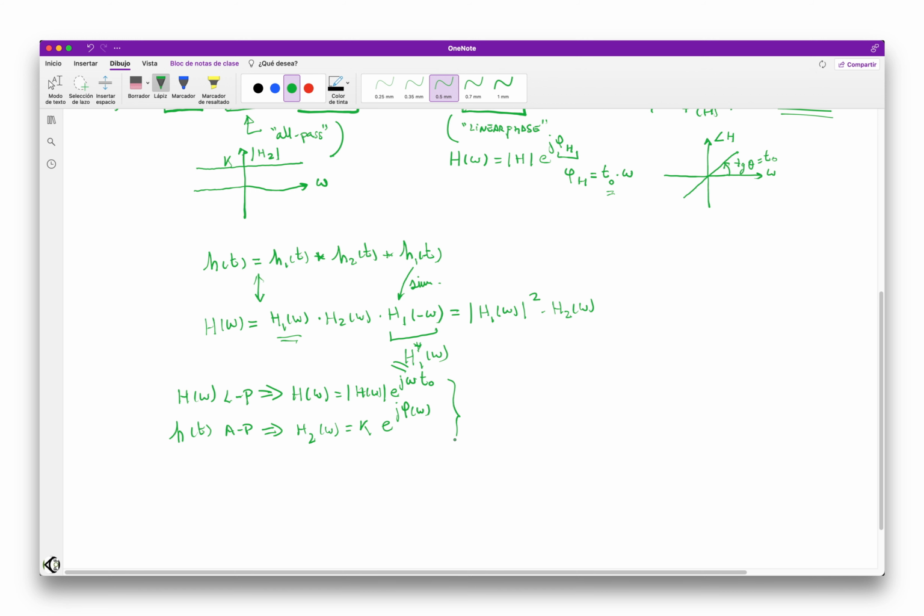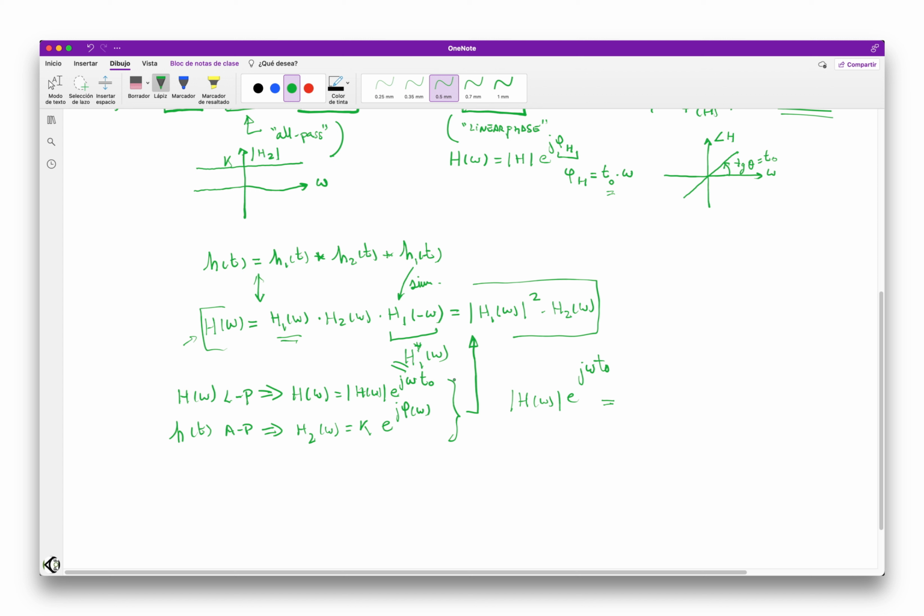Okay, so let's apply these two conditions to the relationship that we have obtained here. If we apply this over here, on the left we have H of omega. H of omega is the modulus of H of omega times a linear phase.